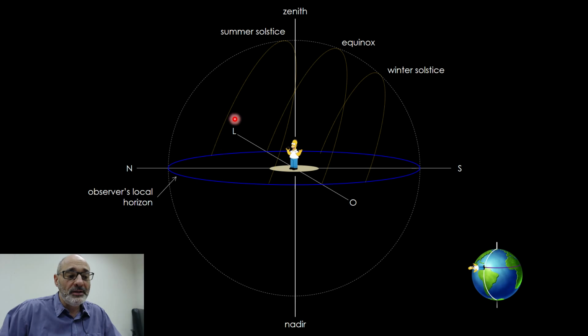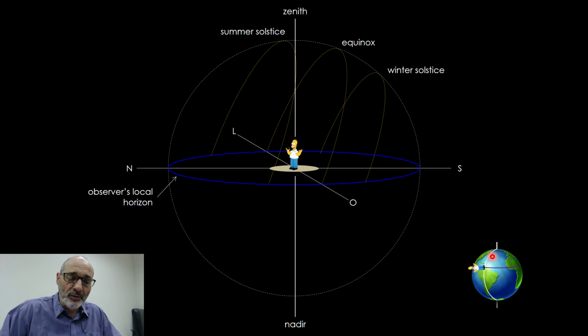We know that this is summer because the sun spends more time here releasing energy to our observer compared with this situation. So the sun spends a smaller time during winter, and during the equinox we have this situation here.